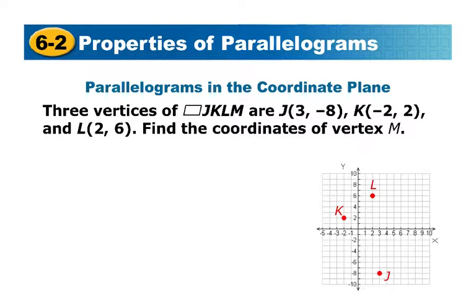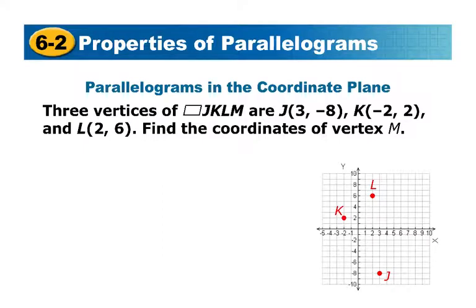So the next ones here are interesting. We've got 3 vertices of JKLM, and we need to find the coordinates of M. The interesting part about naming a parallelogram is that you actually do it in circular order.